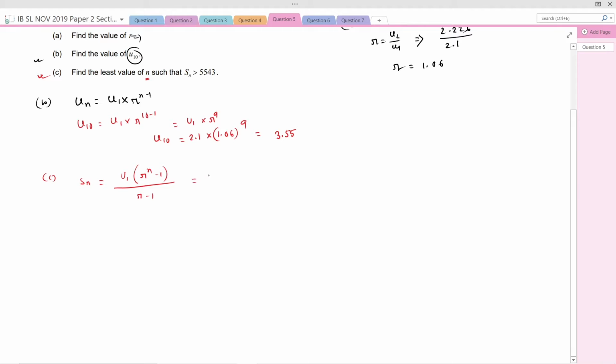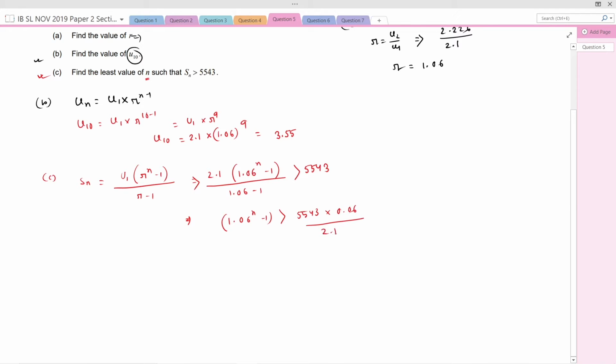So this is 2.1 into 1.06 to the power n minus 1 divided by 1.06 minus 1. This complete expression will be greater than 5543. So the simple thing is 1.06 to the power n minus 1 is greater than 5543 into 0.06 divided by 2.1.